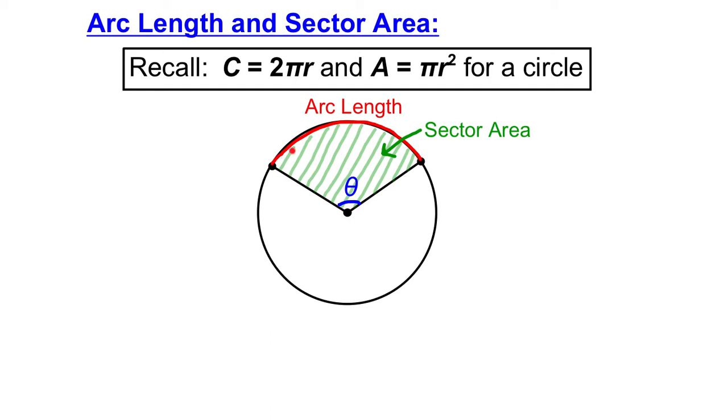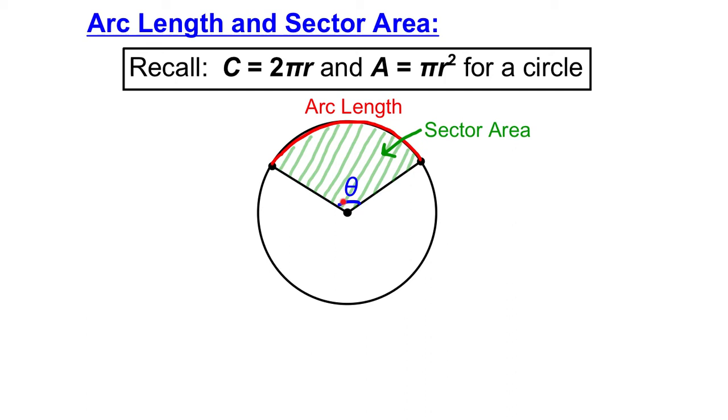And when we want to calculate the sector area, well, that's only a fraction of the entire area of the circle. So we're going to start with these formulas for circumference and area of a full circle, and we're going to make an adjustment so that we end up with not the circumference, but the arc length, and not the area, but the sector area.